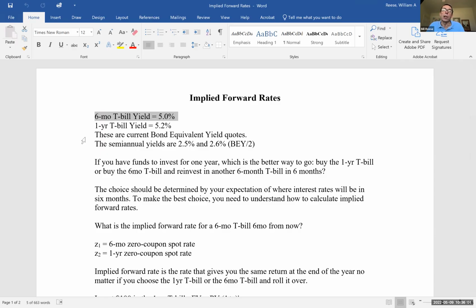So everything is done semi-annually. When you see a 6-month treasury bill with a yield of 5%, the semi-annual yield is going to be 2.5%, 5% divided by 2. And the 1 year treasury bill is going to have a yield of 2.6%.